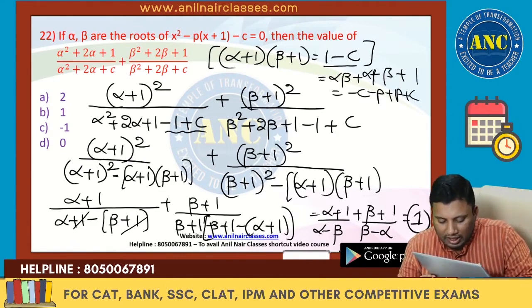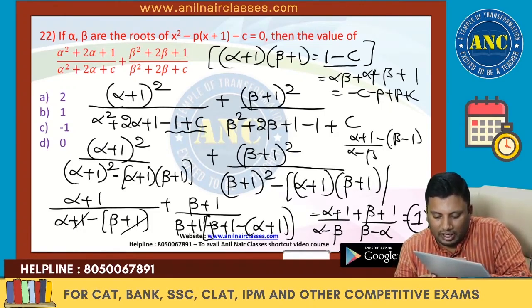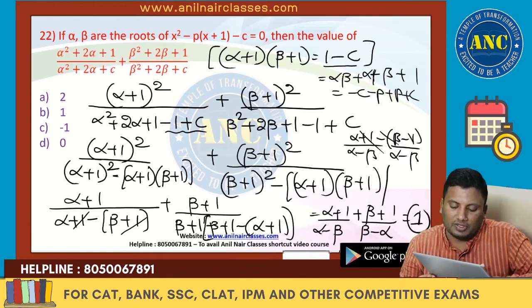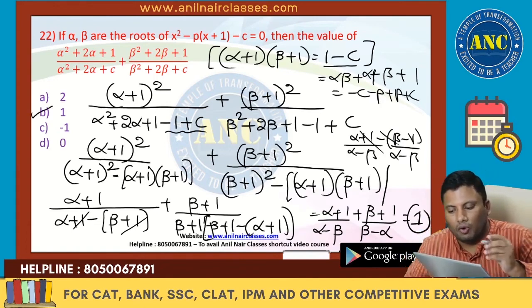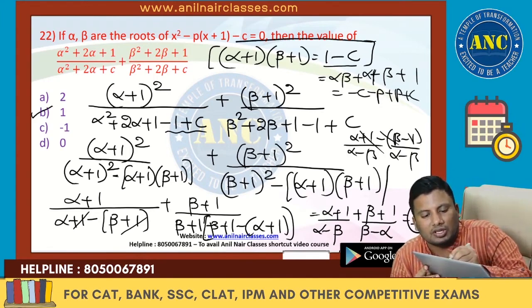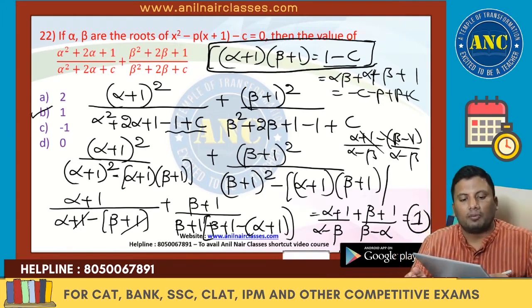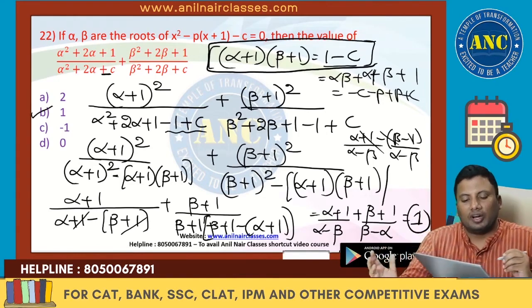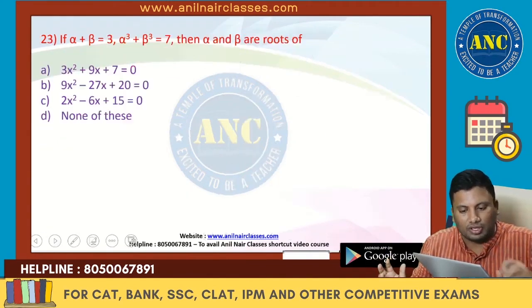Because here it will become alpha plus 1 by alpha minus beta minus of beta minus 1 by alpha minus beta. Alpha minus beta by alpha minus beta. Answer is nothing but 1. Only thing what you should know is alpha plus 1 into beta plus 1 is 1 minus c. If you add 1 and subtract 1 here, you will get this answer. Very important management based question. Next one.